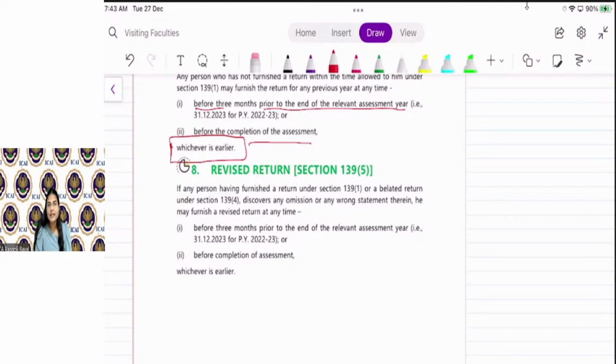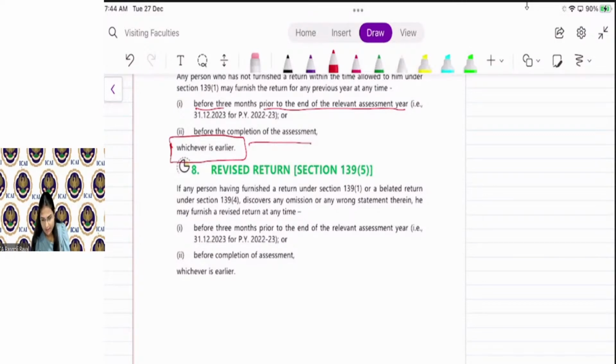For filing revised return, again the date is same. You can file revised return even if original return is filed within due date or after due date. You can file your revised return at any time, again, before 3 months prior to end of relevant assessment year, that is if you are filing return for previous year 22-23, then you can revise your return up to 31st December 23 or before completion of assessment year, whichever is earlier.